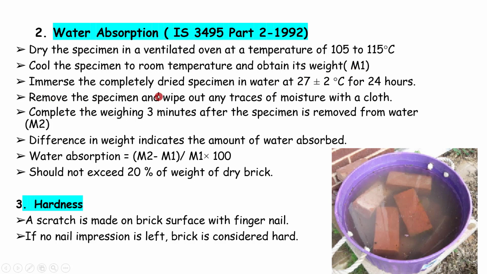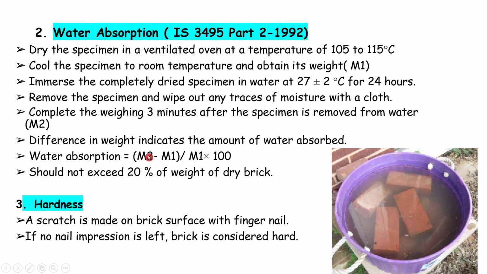Immerse the dried specimen completely in water at 27 plus or minus 2 degrees Celsius for 24 hours. Remove the specimen and wipe off any traces of moisture with a cloth. Complete the weighing within 3 minutes after removing it from the water, and the difference in weight indicates the amount of water absorbed by the brick.